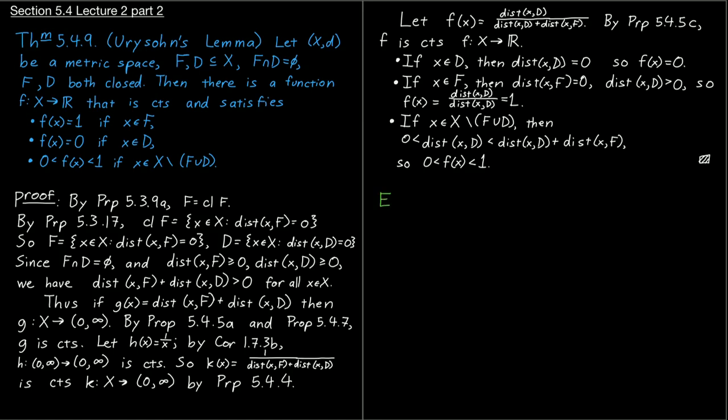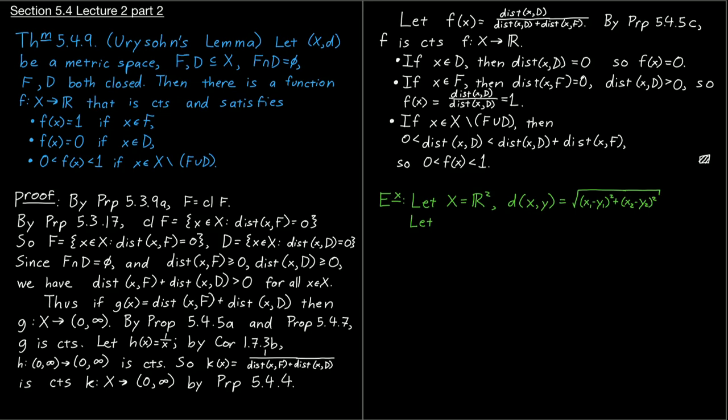One thing I want to point out to you is that Urysohn's function might not be Lipschitz. So here is an example. Let's let X be R2, and we'll take the Euclidean metric, where x1 and x2 are the two coordinates of x, and y1 and y2 are the two coordinates of y.